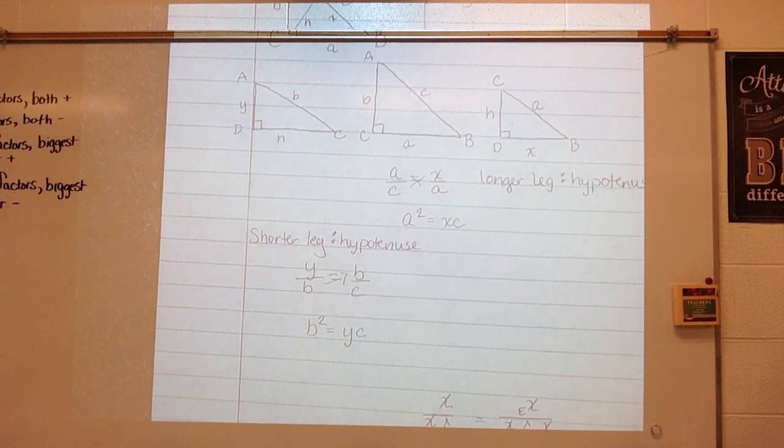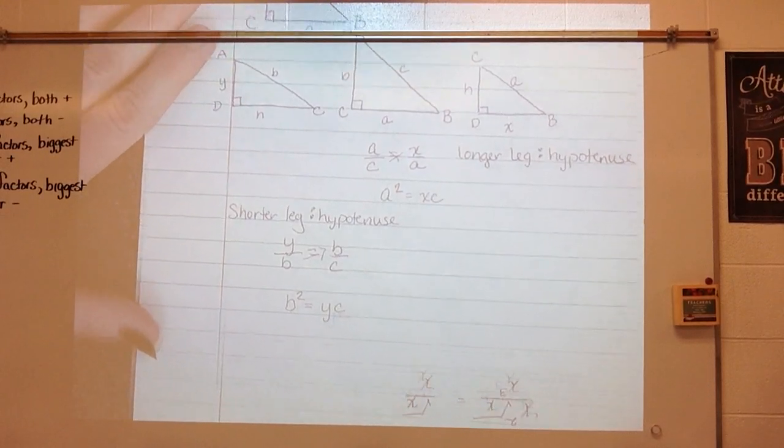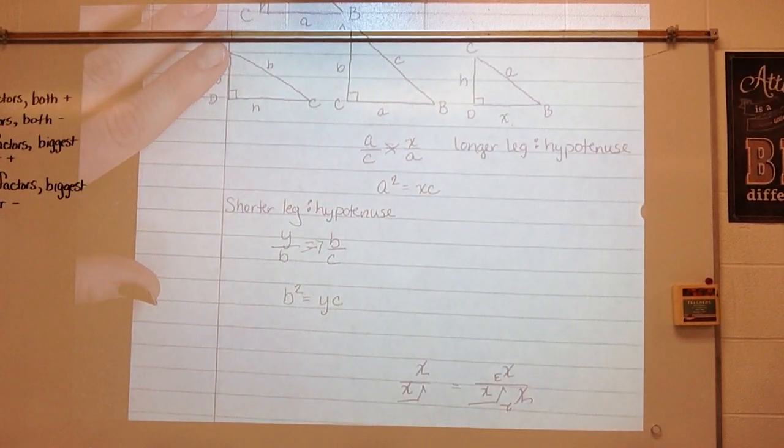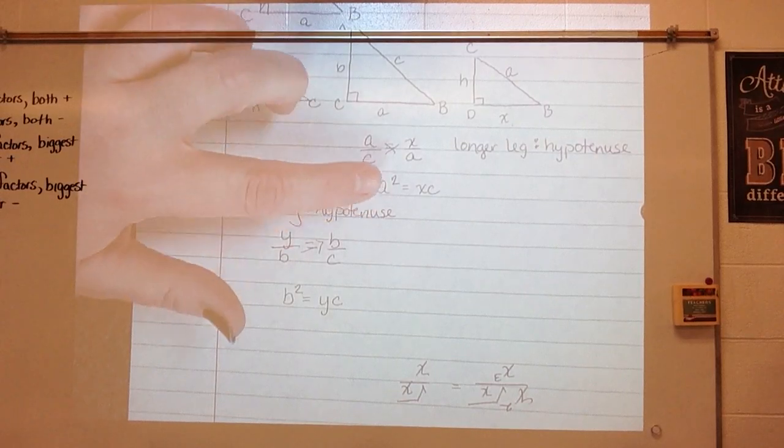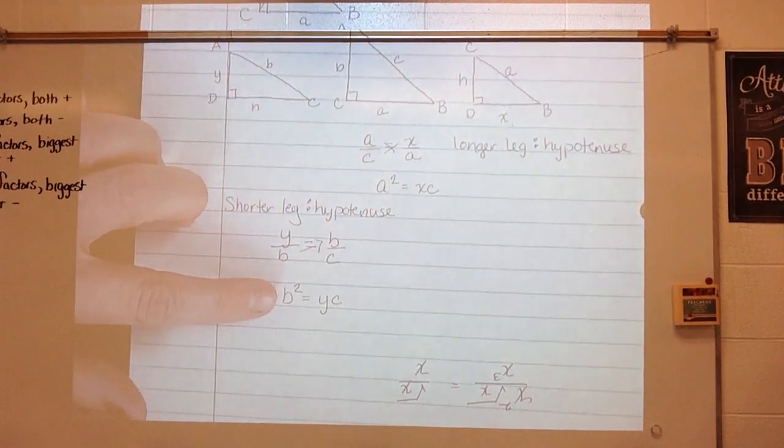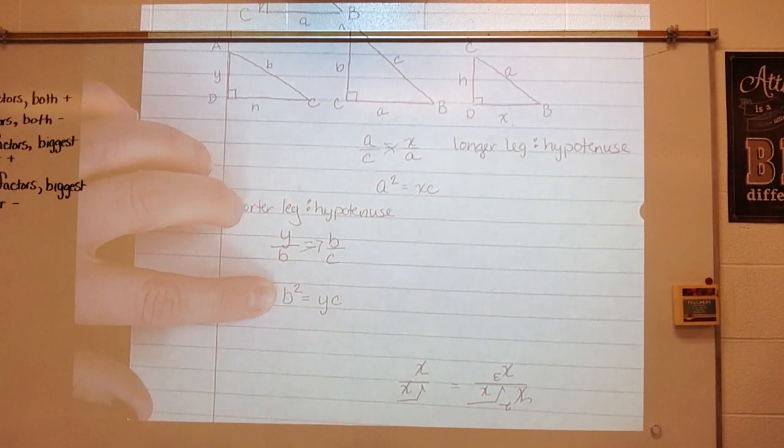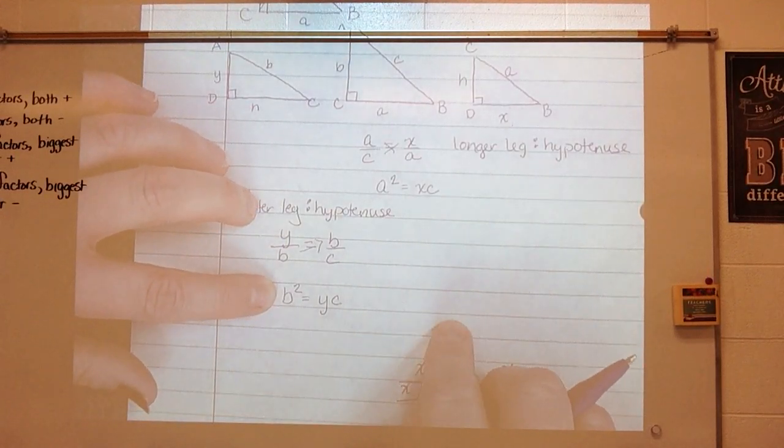Our goal is to show that A squared plus B squared is equal to C squared. That is our Pythagorean theorem. So we know that A squared is equal to XC, and we know that B squared is equal to YC. So by substitution, let's see what we get.